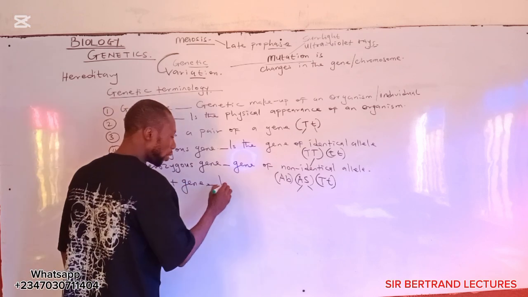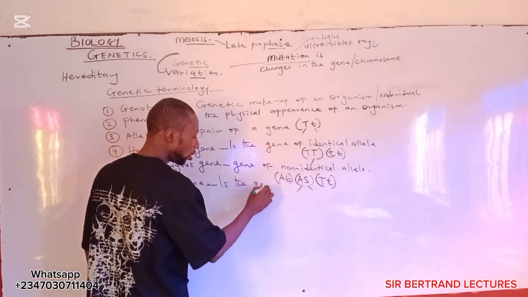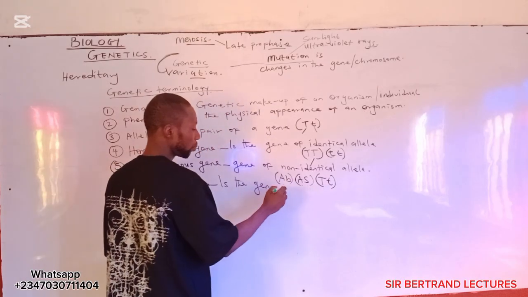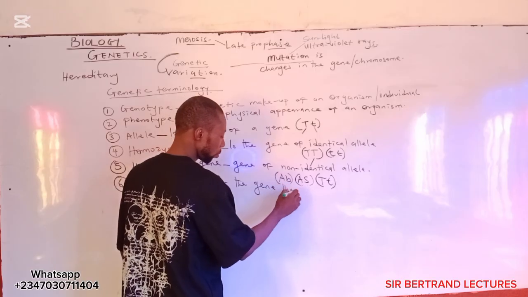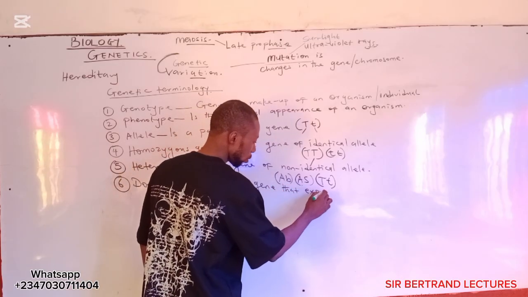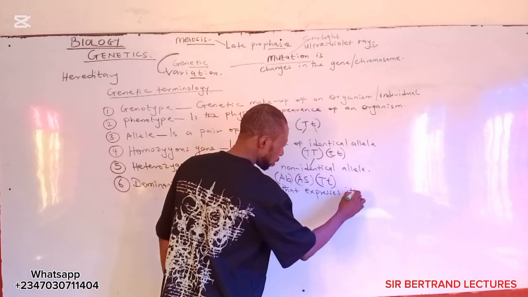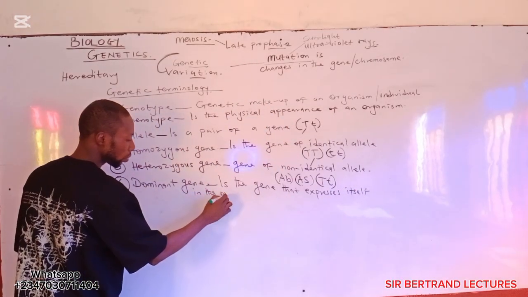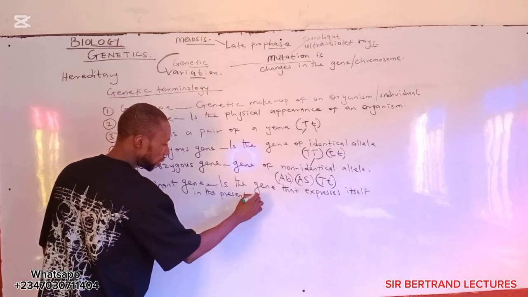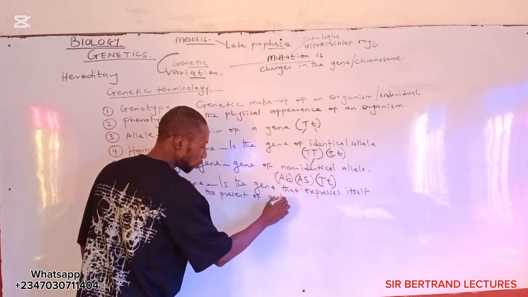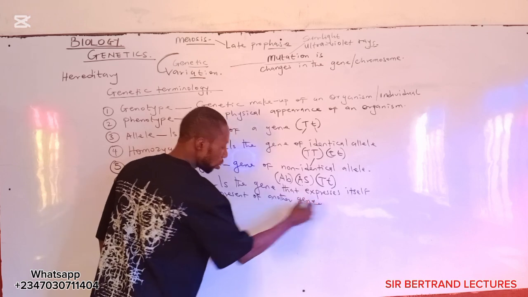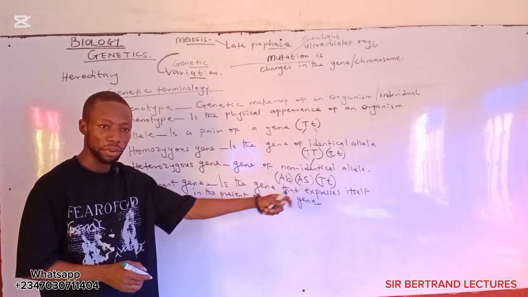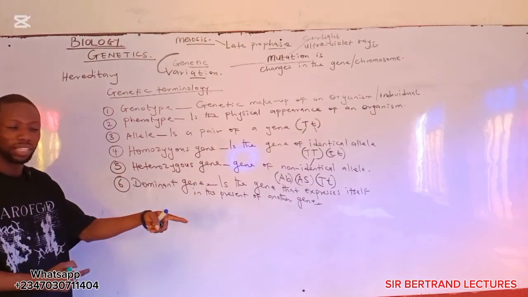A dominant gene is the gene that expresses itself in the presence of another gene. That is the gene that expresses itself in the presence of another gene.